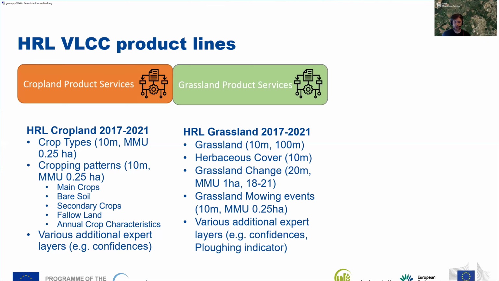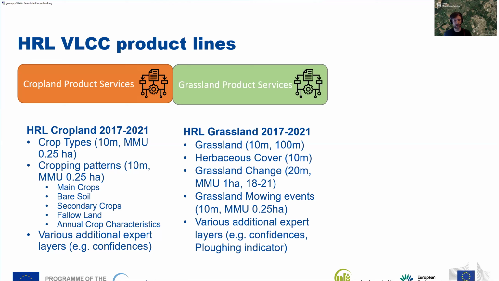And also a new product in this product group are the grassland mowing events, basically providing further additional information on management practices on these grassland areas. Those grassland mowing events have also 10 meter spatial resolution and the same MMU as the previously mentioned cropland products.